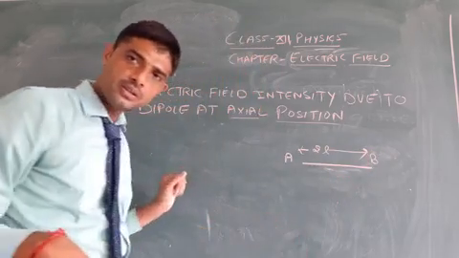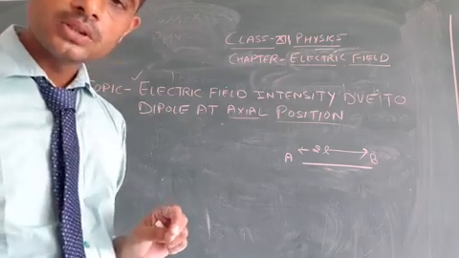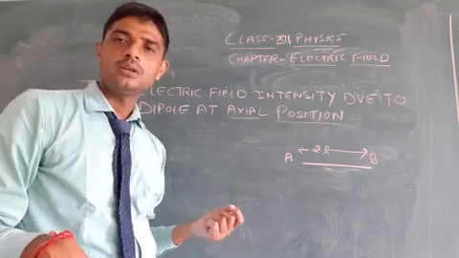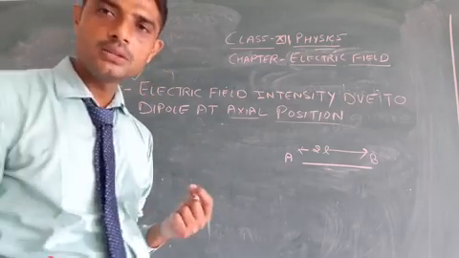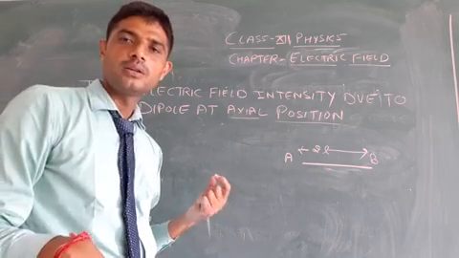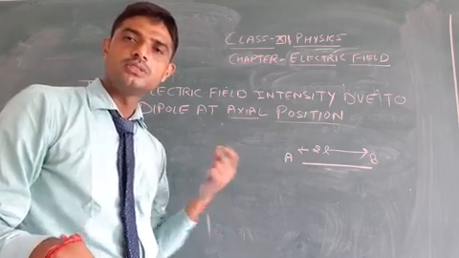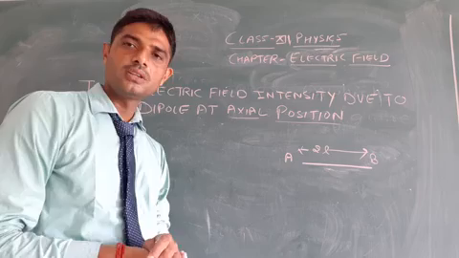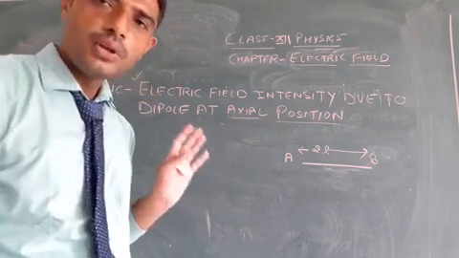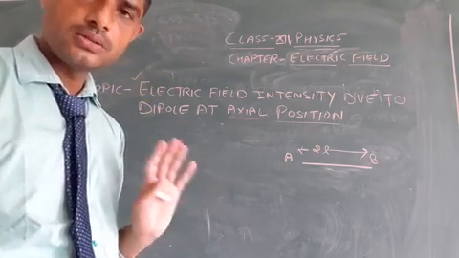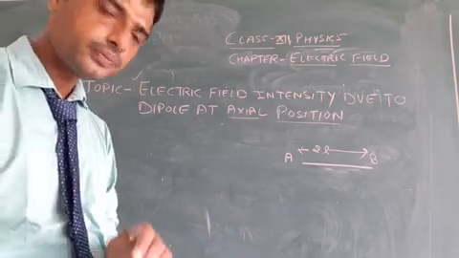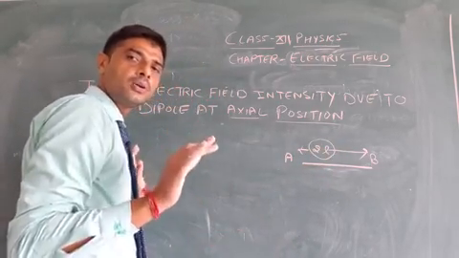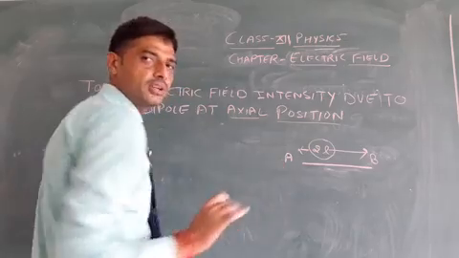There is a specific reason to take 2L. You can take L, but then there is a need for half the length of this dipole, which becomes L by 2. So it is difficult in calculation, so we take 2L. There is no other reason; it is taken only for easy calculation.